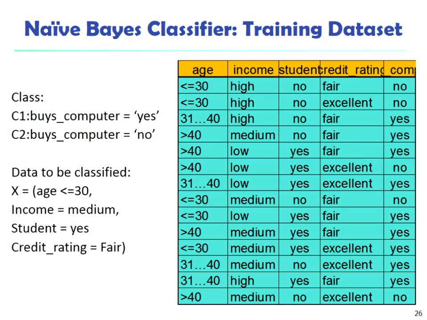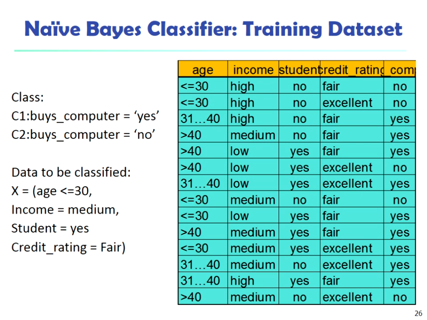Two, very good: yes or no. Buys computer equals yes, buys computer equals no. We want to classify this tuple X. For X we have age less than 30, income equal medium, student equal yes, credit rating equal fair.